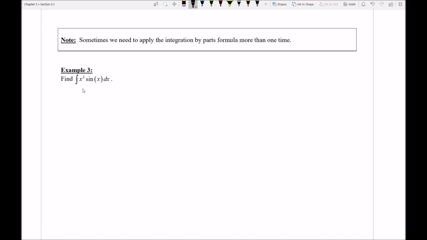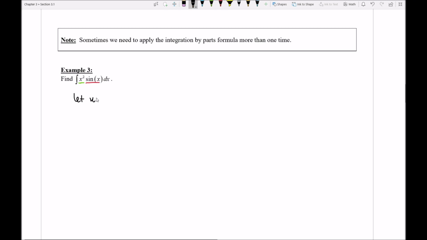Now, I have to make a selection here for what I want to be u and what I want to be v. I'm going to imagine separating it out in the following way. I'm going to pick u to be this x squared because I think it's really easy to take derivatives of polynomials, even easier than doing their antiderivatives. And I'll let the other portion represent my dv.